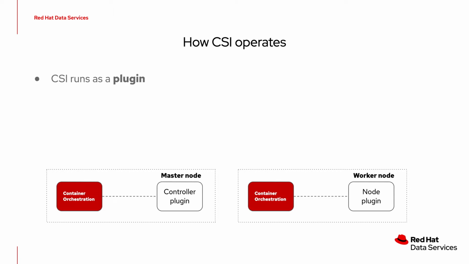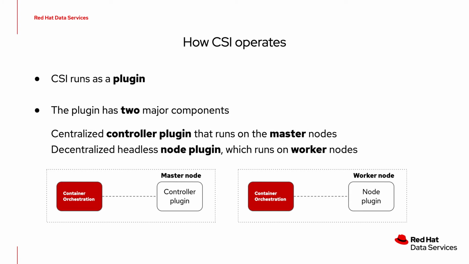CSI by itself runs as a plugin, and that plugin has two major components. There is a centralized controller plugin that lives on the master nodes, and there are also decentralized headless node plugins which run on the worker nodes. The communication between these components is all done by remote procedure call, and it's done by gRPC.